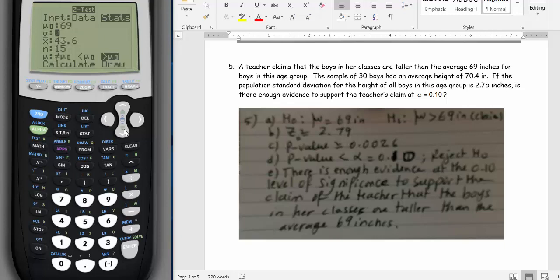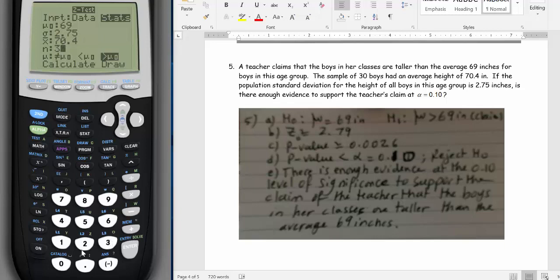Sigma, you see here, what is sigma here? 2.75. X bar, what is the sample mean? 70.4. N, what's the sample size? 30.